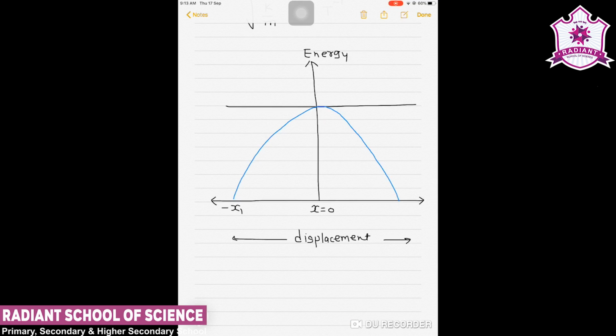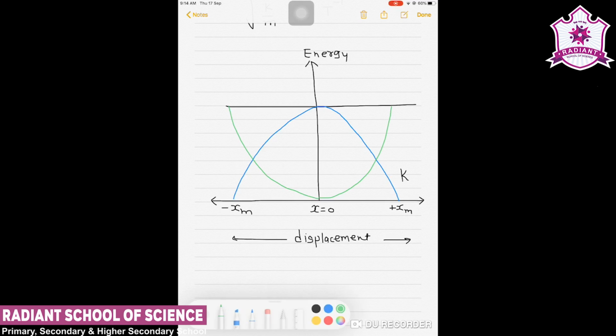Here this blue colored graph is the part of kinetic energy, while we can also show the potential energy in the same graph: when the kinetic energy is 0, potential energy is maximum, and when kinetic energy becomes maximum, the potential energy will be 0. Now we consider it with this green colored graph.